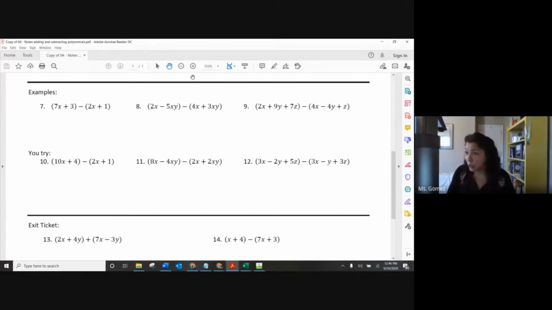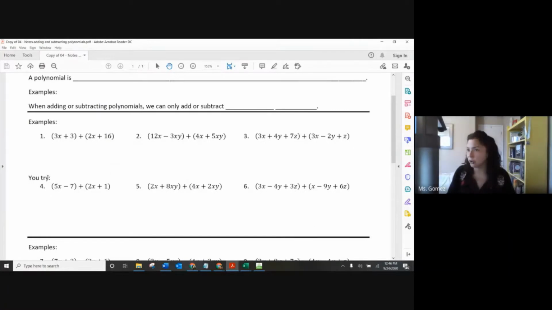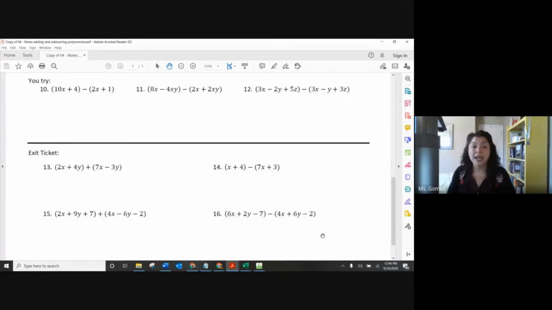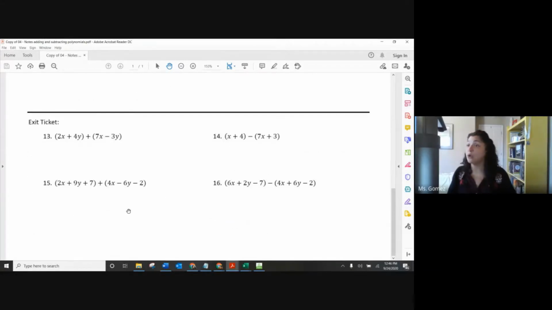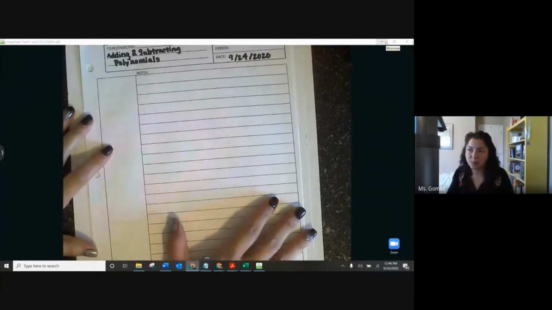What we are requesting nonetheless is, you'll notice that we are going to do 3 examples together, and then it says you try. You're going to do 3 examples on your own, another 3 on your own, and then you have these last 4. Overall, you have 10 questions. You're going to take a picture of your notes, or if you're doing yours separately, your 10 questions on a separate piece of paper, that's okay.